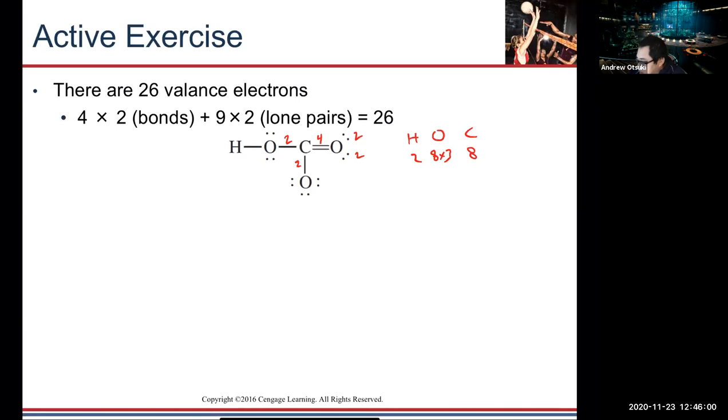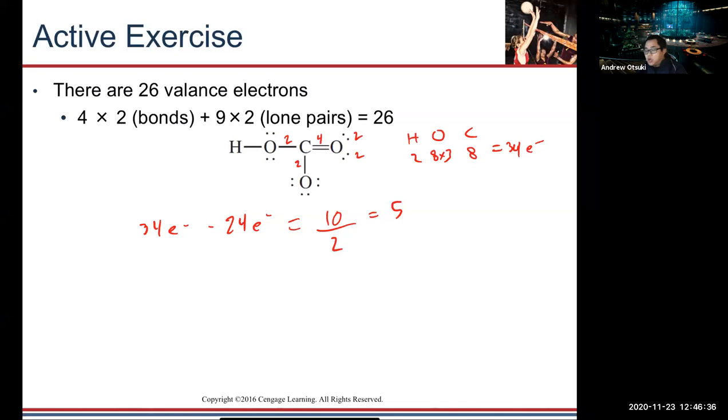So 8 times 3 is 24, then 8 makes 32, plus 2 is 34 electrons. If we subtract our 24 electrons from 34, we get 10 electrons. Then we divide it by 2 to figure out how many bonds our structure should have. So we have 5 bonds.